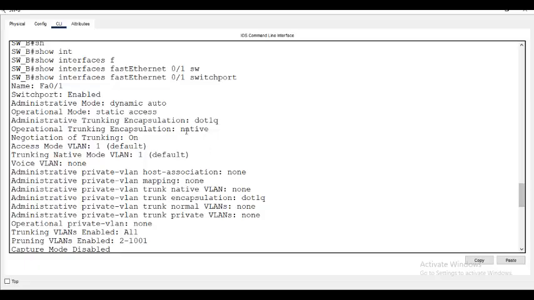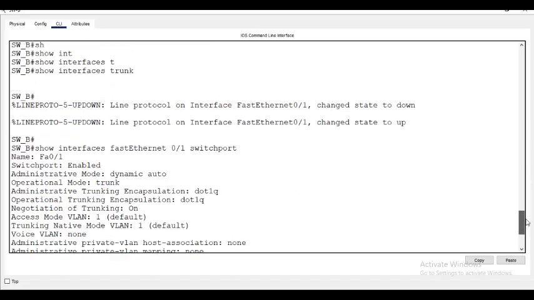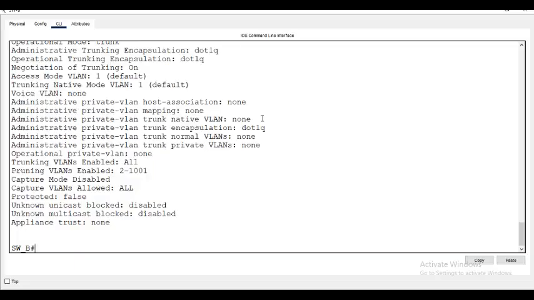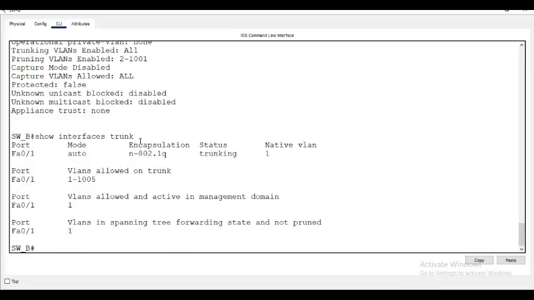Now here in this switch where the trunk got negotiated, the trunk role came because of negotiation, I would like to show you this command. Show interface trunk. It says this port is ready to allow all VLANs now. It is trunking. Though the mode is auto, it is trunking. How? Because of .1q protocol negotiation.